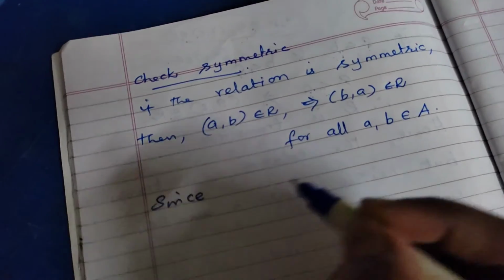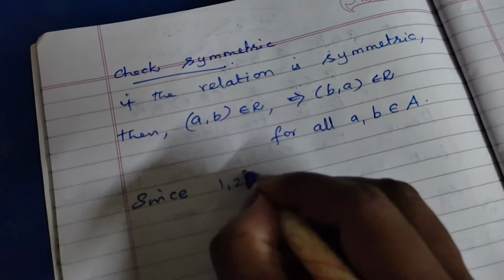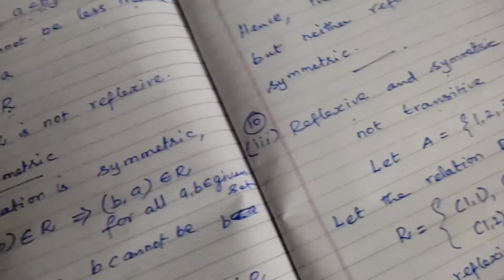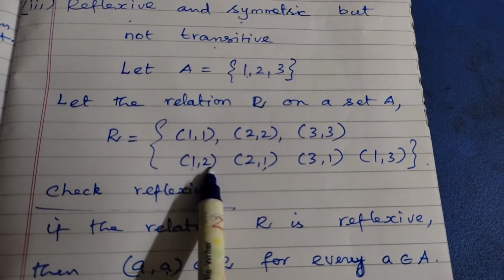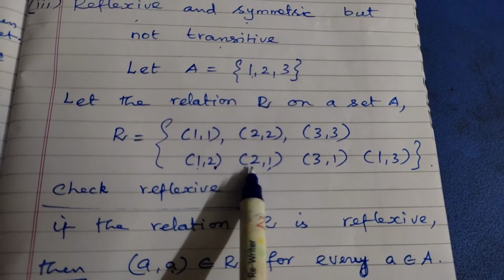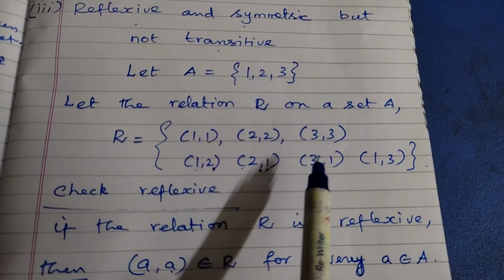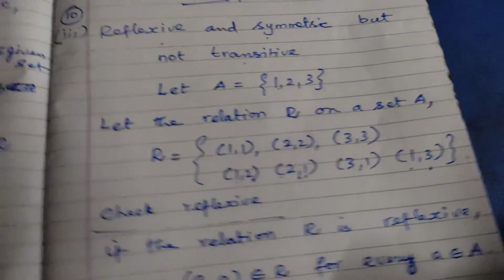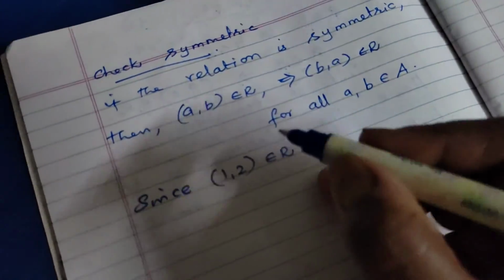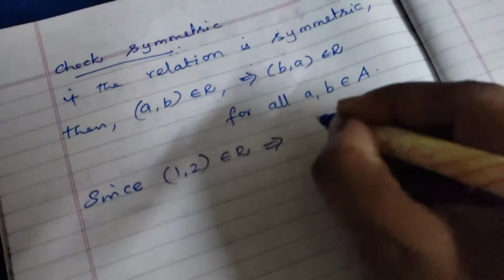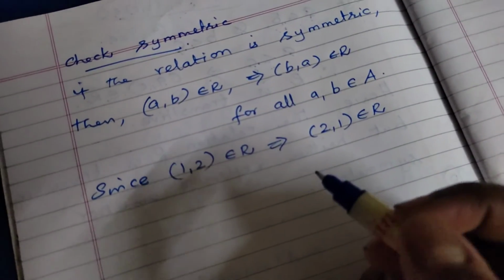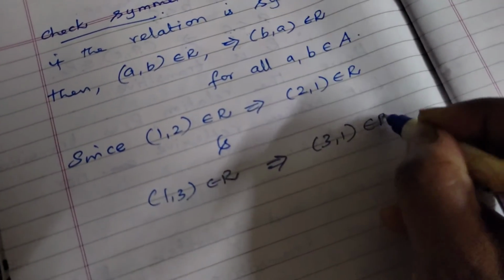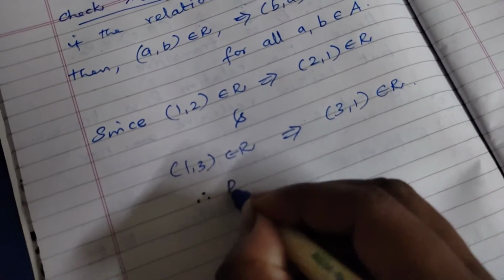Here we have the relation. Here in R, (1,2) belongs to R. By the symmetric condition, (2,1) also belongs to R. Another pair, if we take (1,3) belongs to R, then by the symmetric condition (3,1) also belongs to R. That means if (1,2) belongs to R, that implies (2,1) belongs to R, and (1,3) belongs to R implies (3,1) belongs to R. Therefore, we can say that R is symmetric.